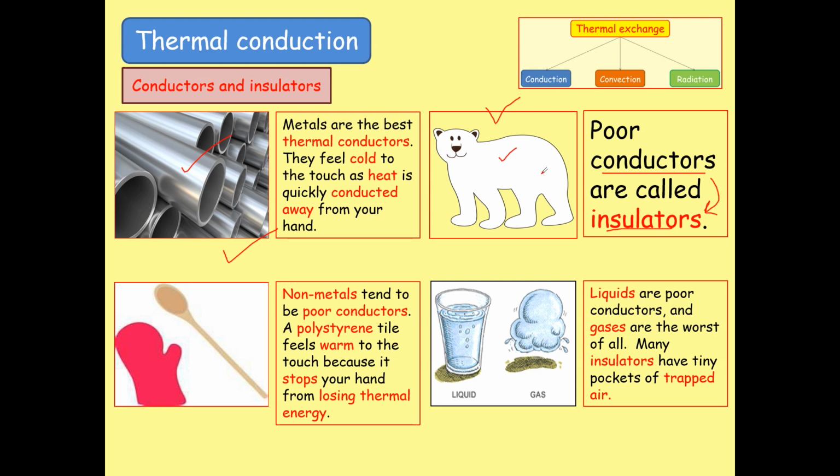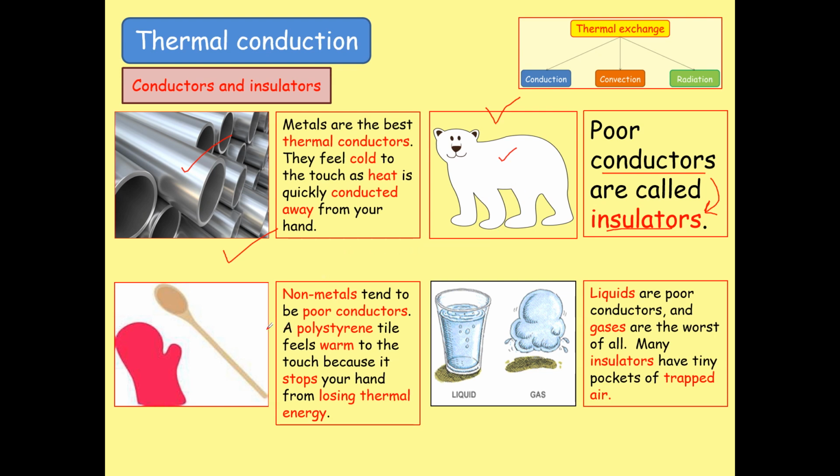So they have this natural fur on them, which is an insulator. Over here we can say that insulators are those materials which do not conduct thermal energy, or even if they do, they do it very, very slowly, such that there is very little change in the thermal energy of the object itself, right?